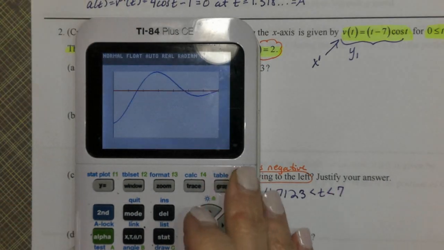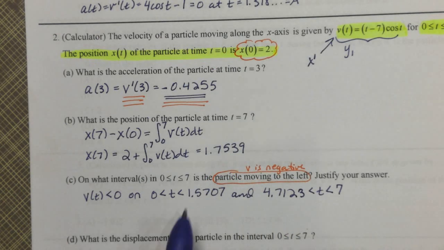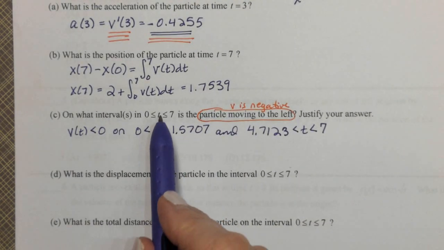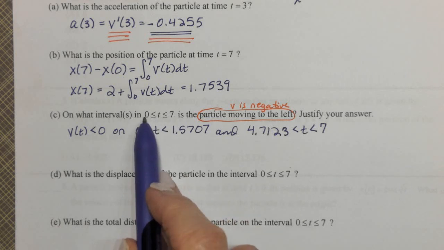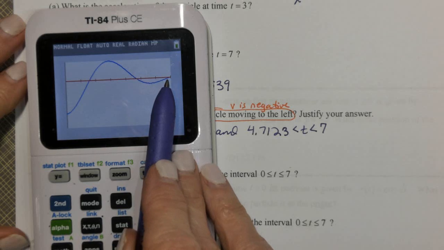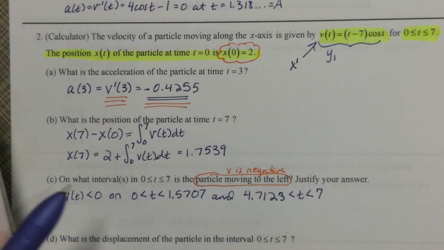Okay? Now, right at, and I'm doing this because they gave me these closed boundaries, so I need to consider what's happening right at 7 and right at 0. Right at 7, this velocity is 0, and I know it is because of the equation for velocity.